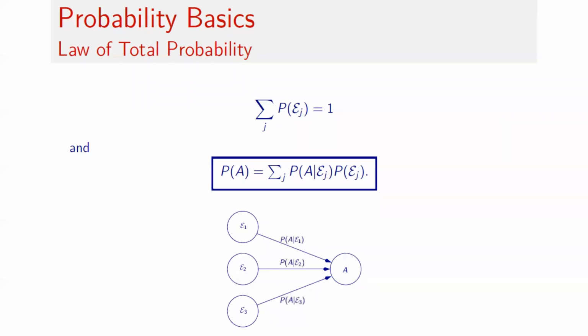So the sum of all the probabilities of epsilon j is equal to 1, but more importantly, the probability of capital A is the sum of the probability of capital A given epsilon sub index j times the probability of epsilon sub index j.